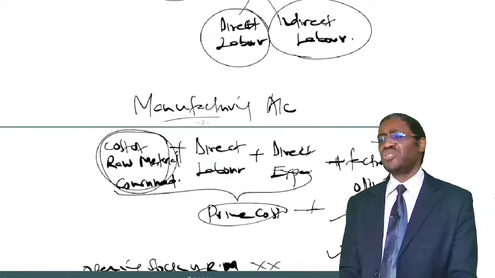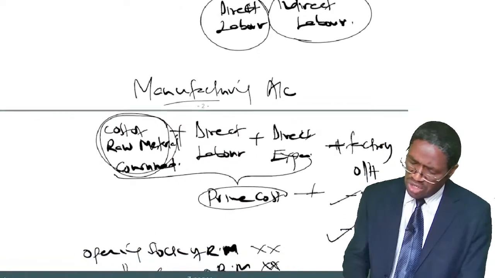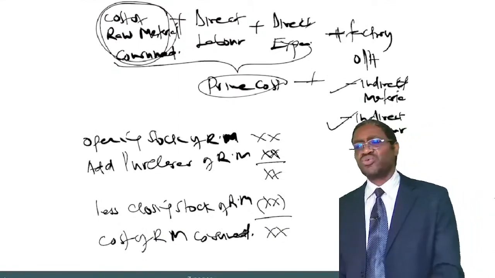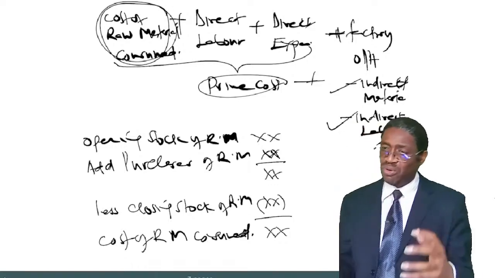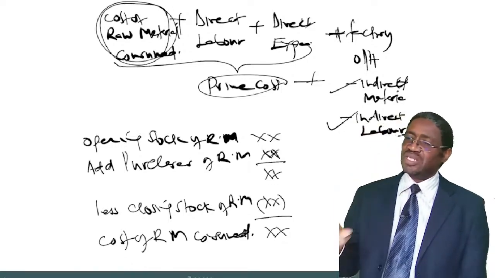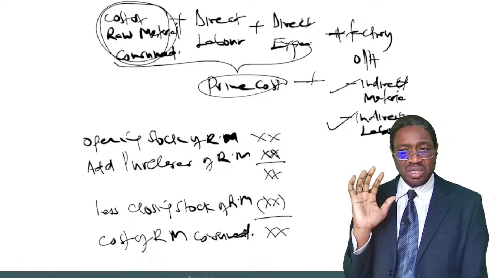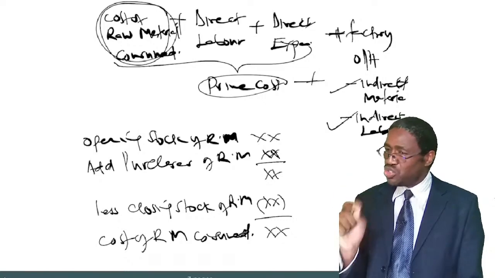How much it cost you to manufacture whatever you're manufacturing. I have already taken you through an overview of how to determine, in statement form, the production cost. Take the cost of raw materials consumed. How do you get that cost?